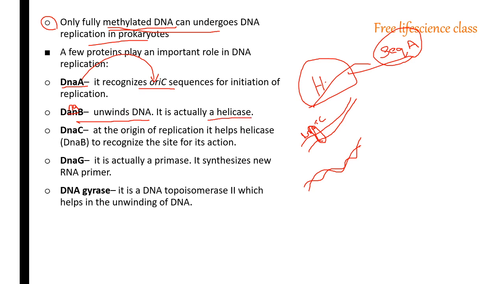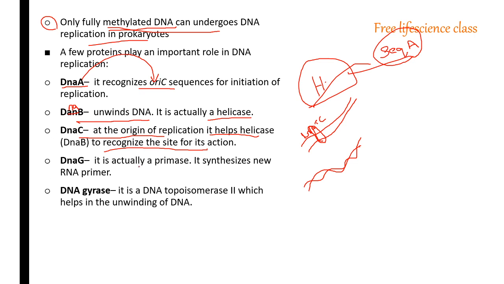The next one is DnaC. DnaC helps to bring DnaB to the actual site. So DnaC at the origin of replication helps helicase recognize the site for its action. That is, DnaC recruits DnaB to the origin of replication, to the site of replication. Then about DnaG.